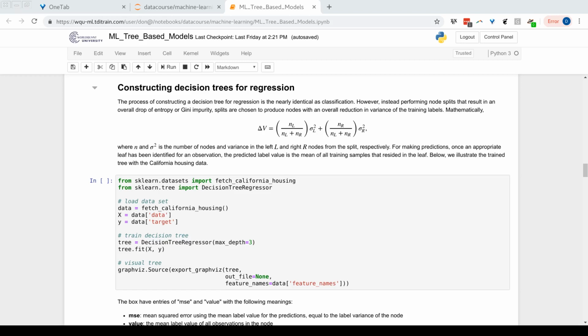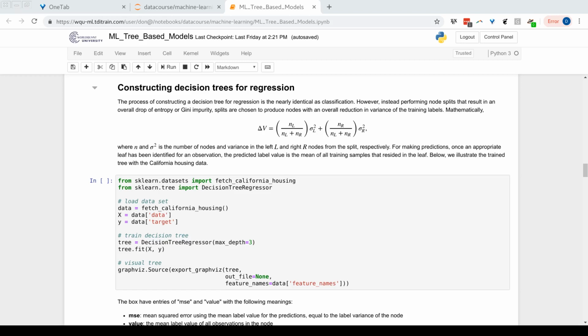Such that now there's a question that I'm looking for, a criteria to split my space, in which all points go this way and all points that meet the criteria go to this other space here. When I create those two spaces, I can calculate the resulting variance in each node. So I take the left node, calculate the variance, go to the right node and calculate the variance there.